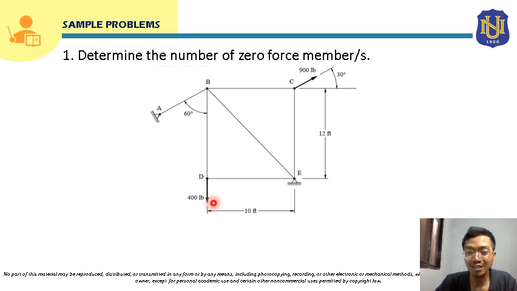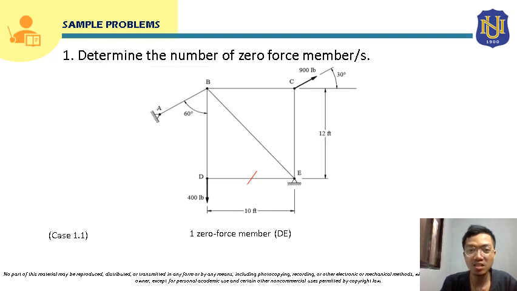Here it satisfies that condition because this external load is collinear to one of the members, which is member BD. So the member that is not collinear to these two forces, this member DE, will be a zero force member. So from here we can already say that member DE is a zero force member.